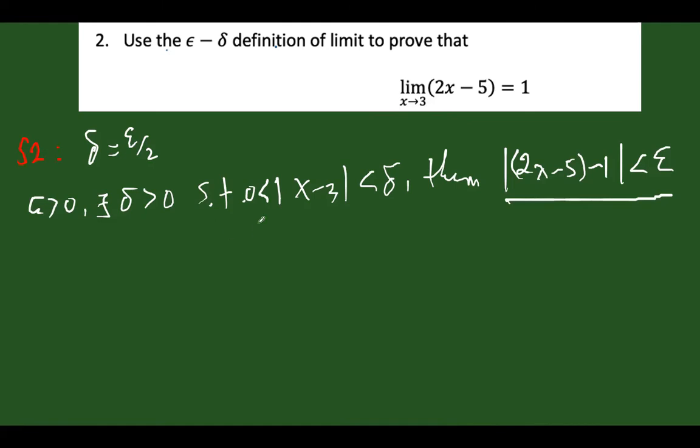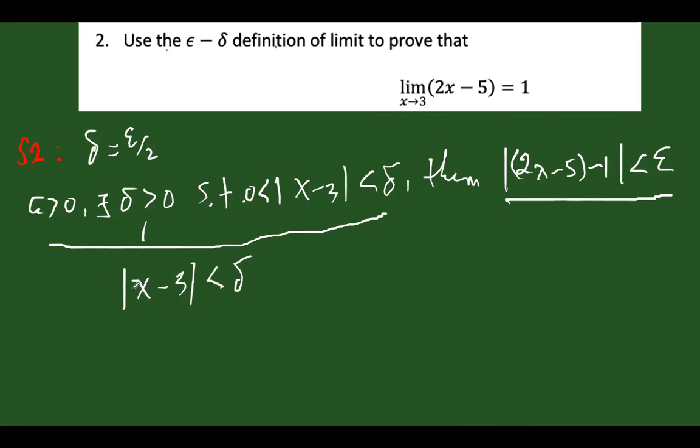And how do we do that? Of course, we will be using the premise of the given statement. Here we already identified the delta. So we're going to start from this statement: the absolute value of x minus 3 is less than delta.